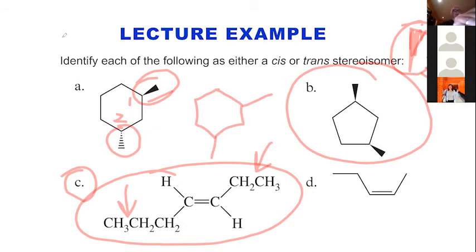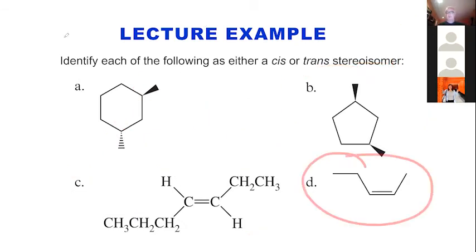So now when I look at this last one, I just have the skeletal structure. So there's my double bond. And I can see that they have different substituents. One has 2 carbons, and the other one just has 1 carbon. So they're different substituents. Are they on the same side of the double bond or the opposite sides?